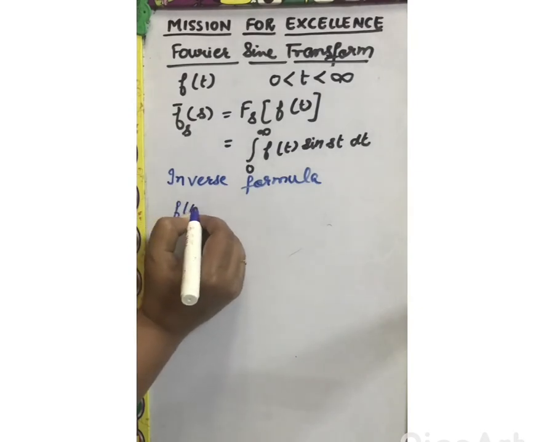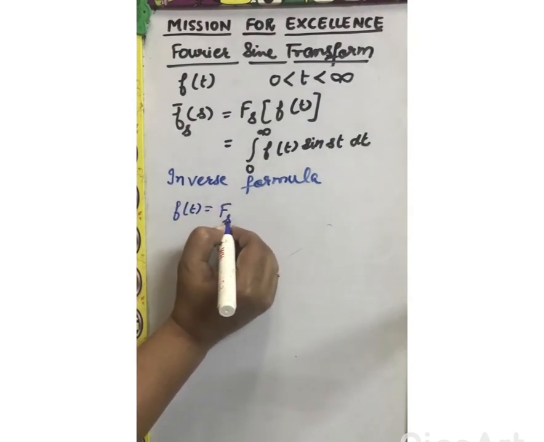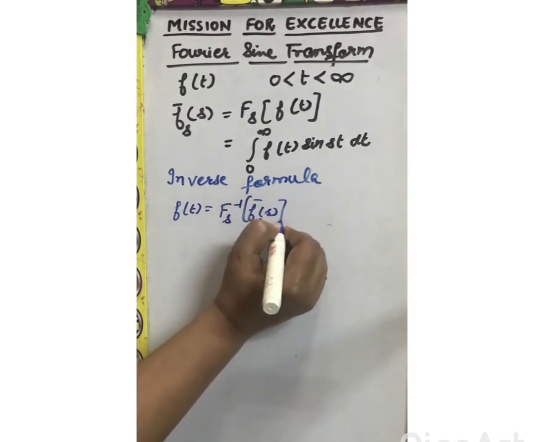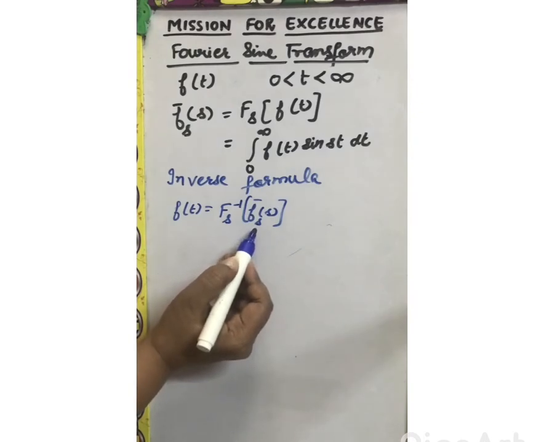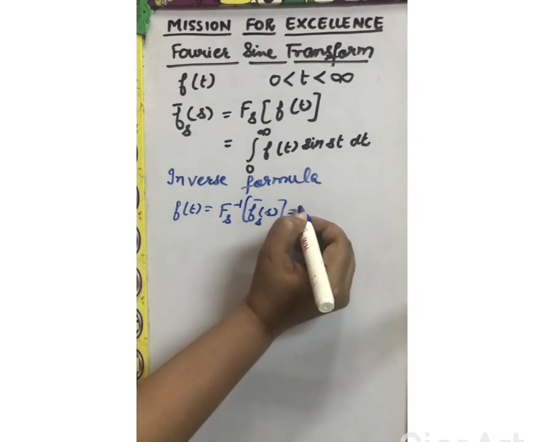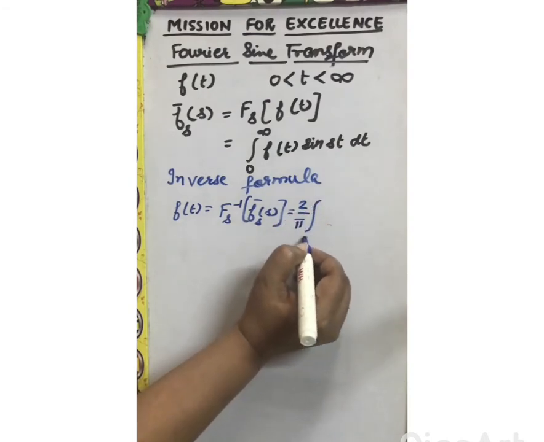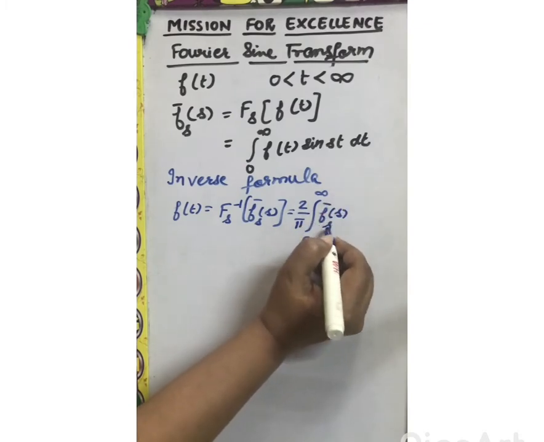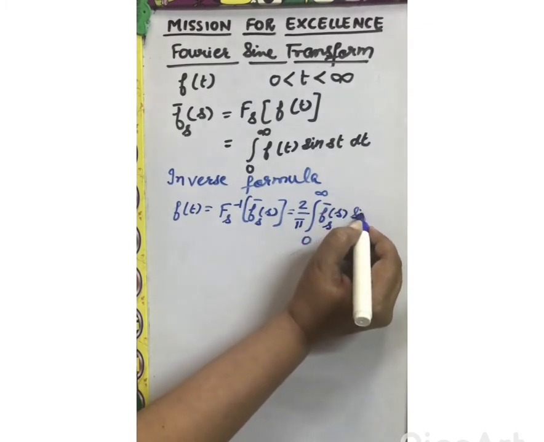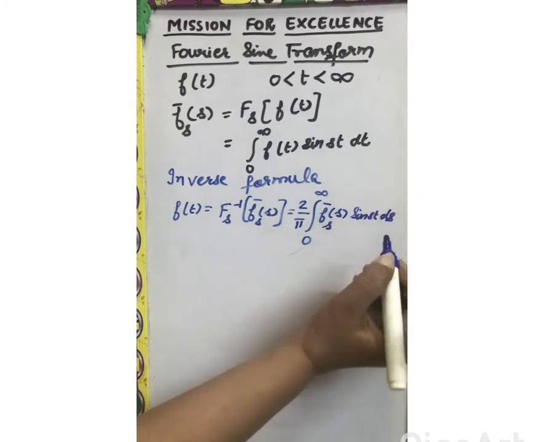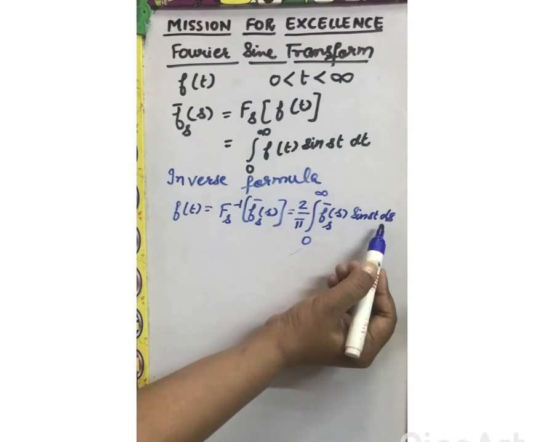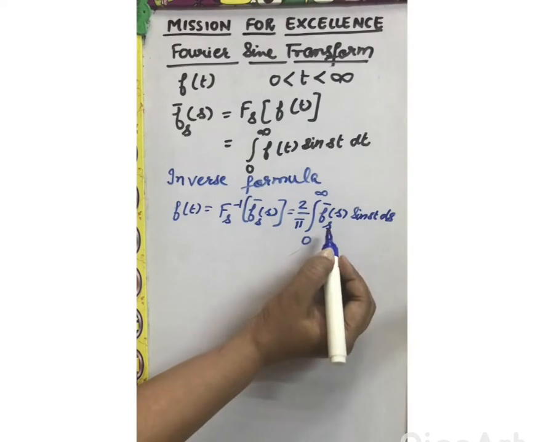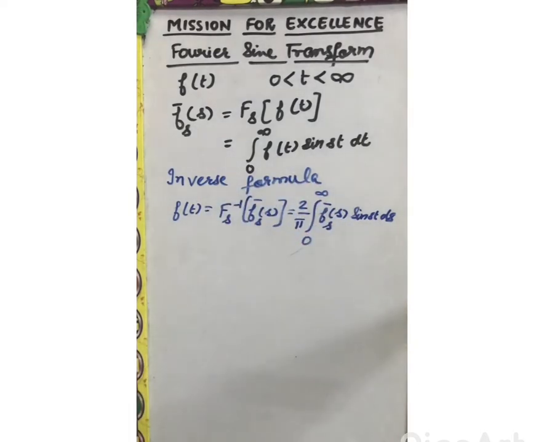So we write here f(t) is the Fourier sine inverse of f bar s, where this s denotes the sine transform, equal to 2 by pi integral 0 to infinity f bar s sin(st) ds. The integral will be with respect to s in the inverse transform, and in the Fourier transform the integral is with respect to t. So this is the inverse formula for the sine transform.